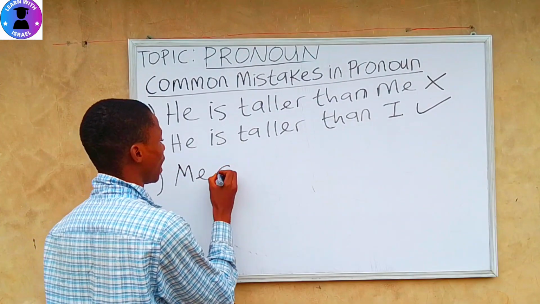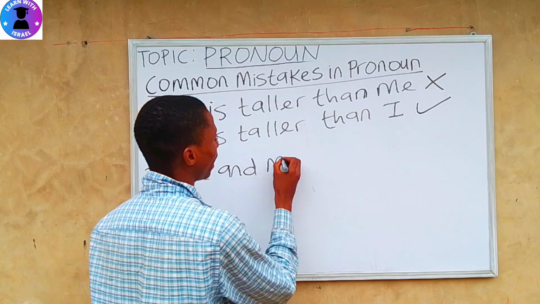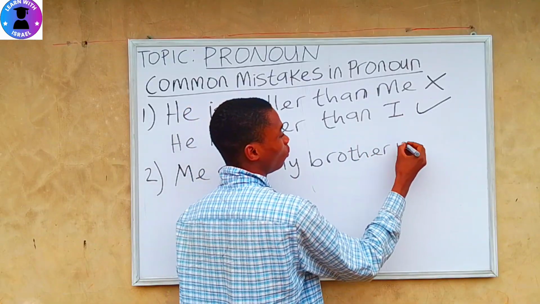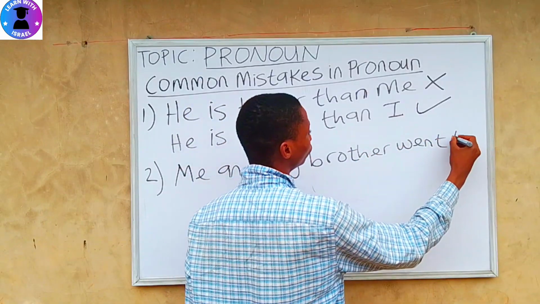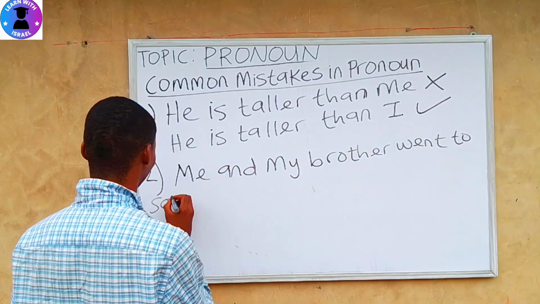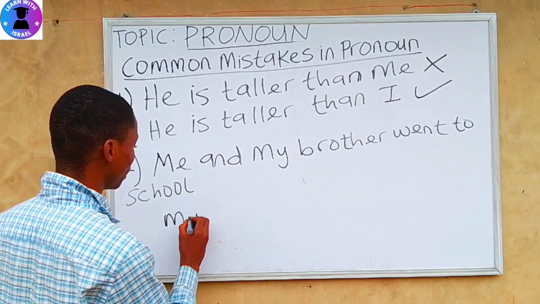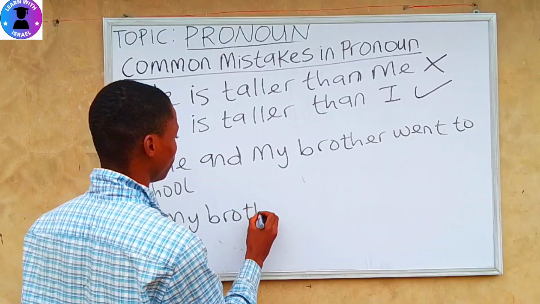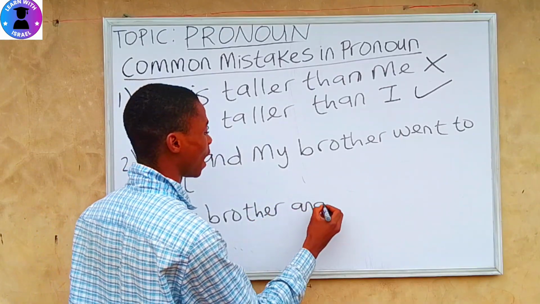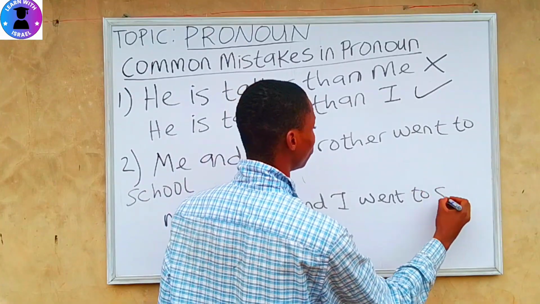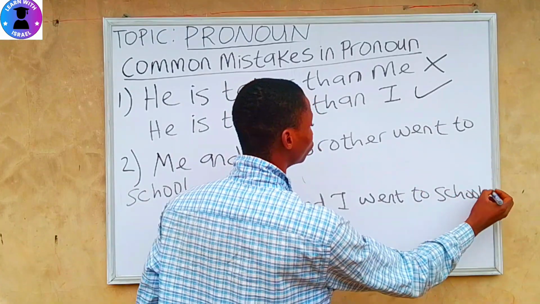Let's move to the second one. Me and my brother went to school. And we also have my brother and I went to school.